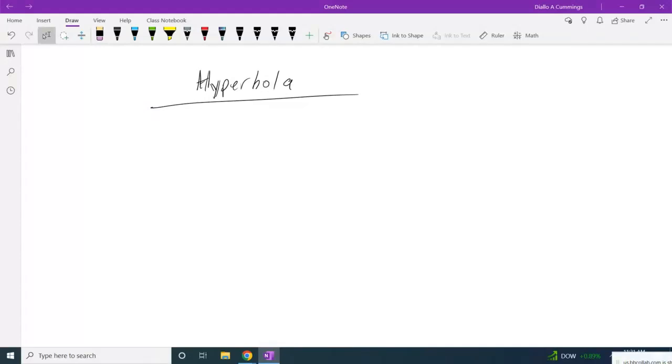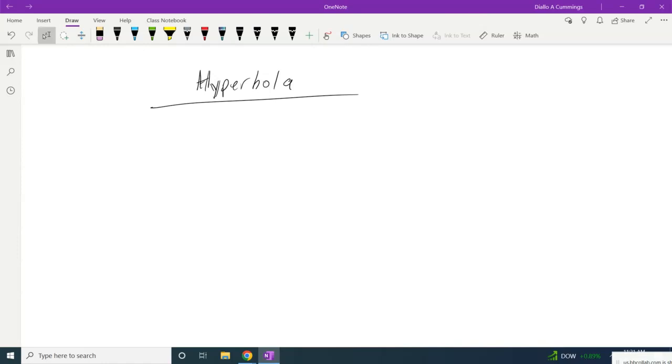And then we have a minor axis. However, for hyperbolas, we don't have a major axis or a minor axis. We have what's called a transverse axis. And on that transverse axis, you can find the vertices and the foci.